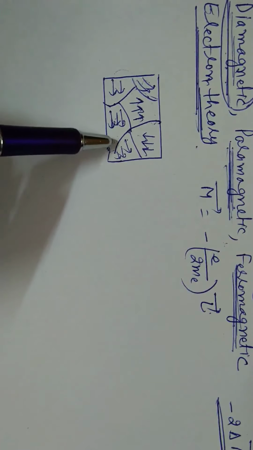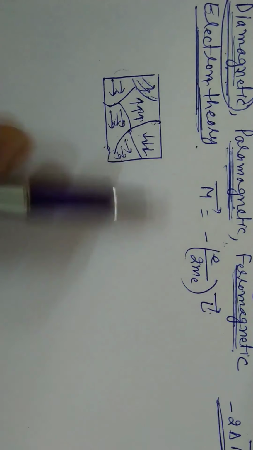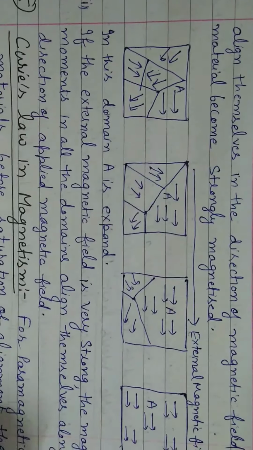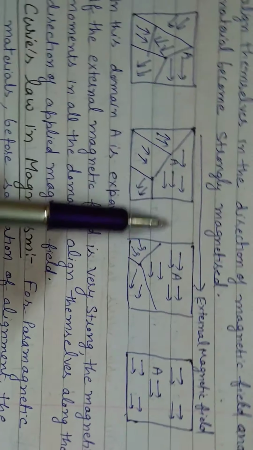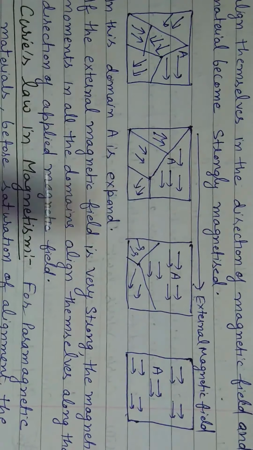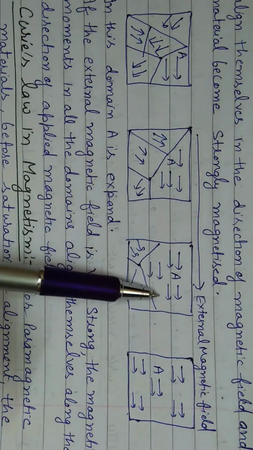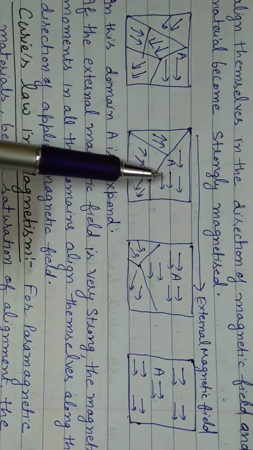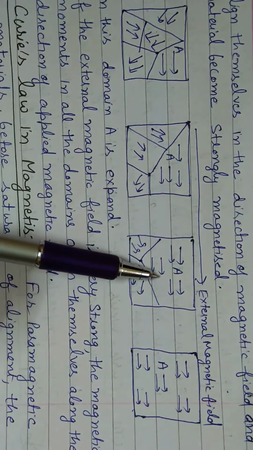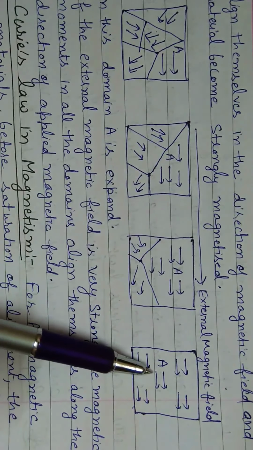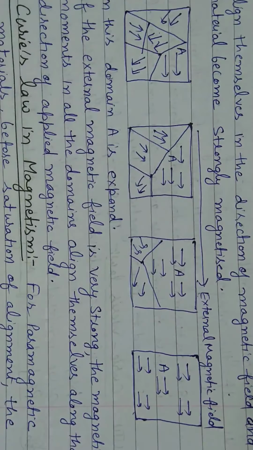And there is one more method to magnetize it: the domain which is in the direction of the applied field starts aligning at the behalf of the others. It starts aligning to the applied field, and at last the whole material becomes magnetized.